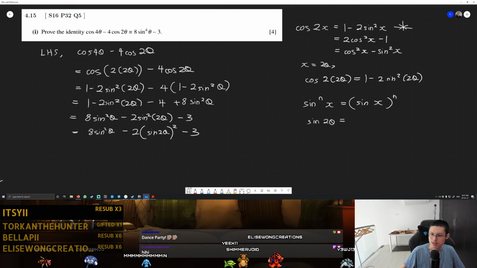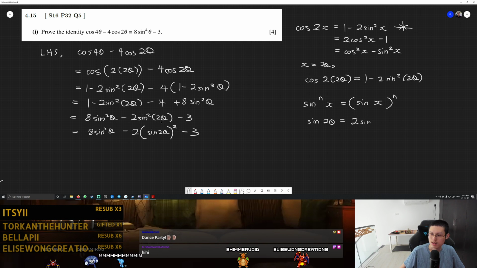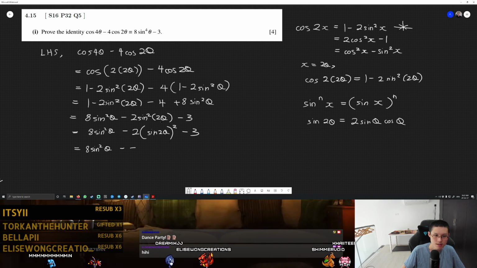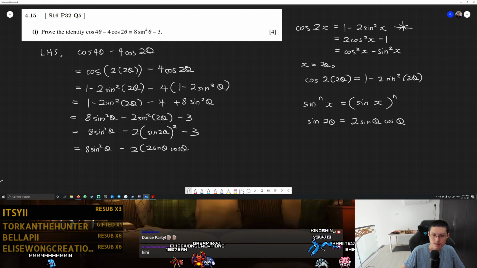Sine 2 theta. For that, you have to use the double angle formula, which is 2 sine theta cos theta, like that. So we're going to chuck that in here. There we go.